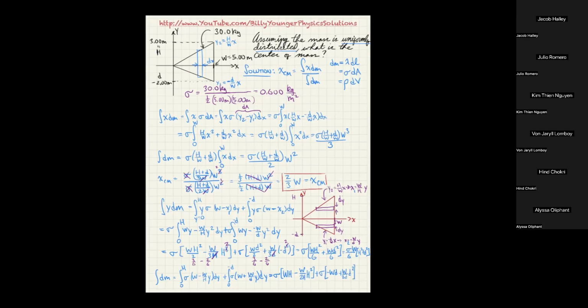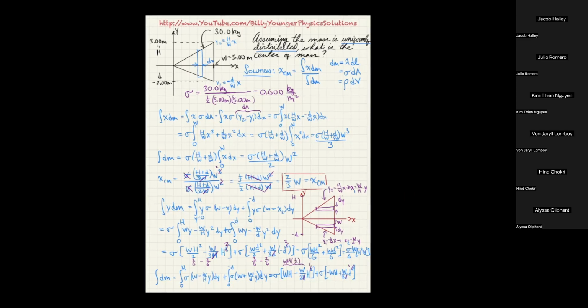Okay. So we can now see that this d squared is going to cancel out and leave just an exponent of 1 up there. And this h squared is going to cancel out and leave just an exponent of 1 there. So I get wh minus 1/2 wh. So this guy right here is going to be wh times 1 minus 1/2, which is just 1/2.